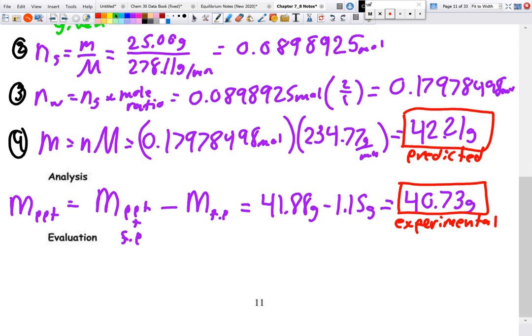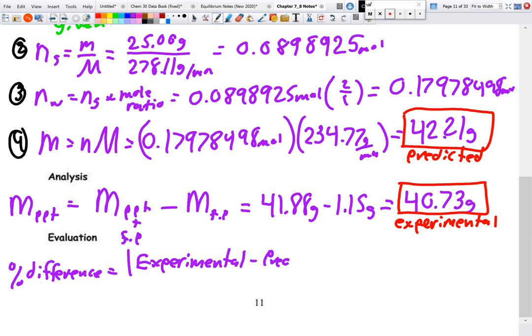Now, of course, remember our evaluation, this is also a new one, where percent difference is equal to the absolute value of our experimental minus our predicted, all over our predicted, times 100%.